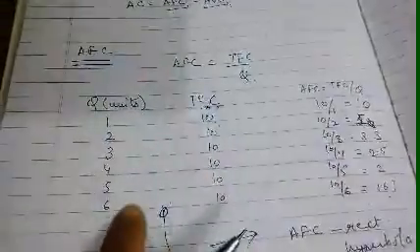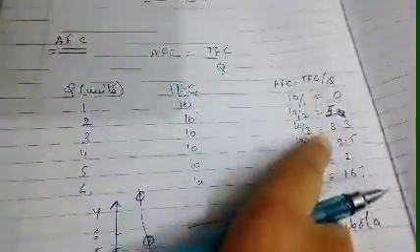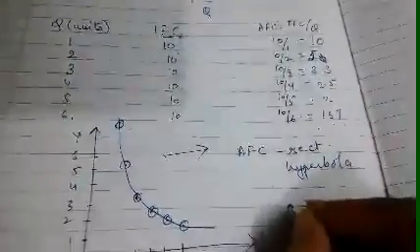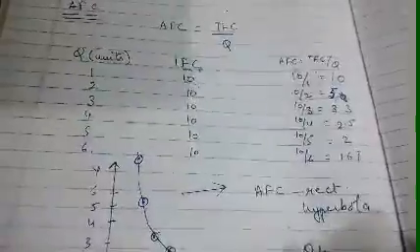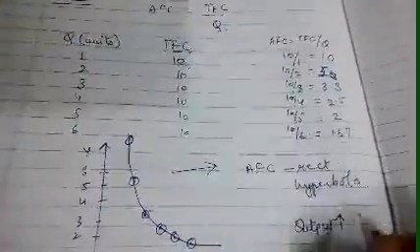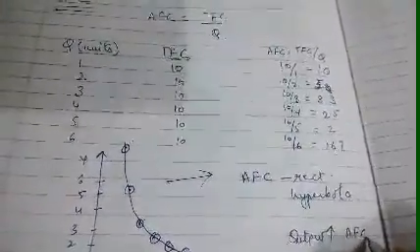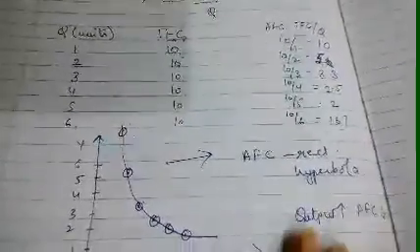So what you will notice over here, as the units produced increases, average fixed cost will go on decreasing.